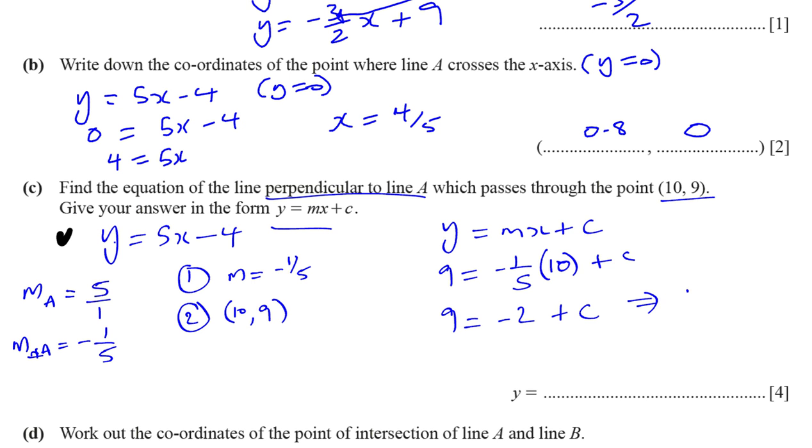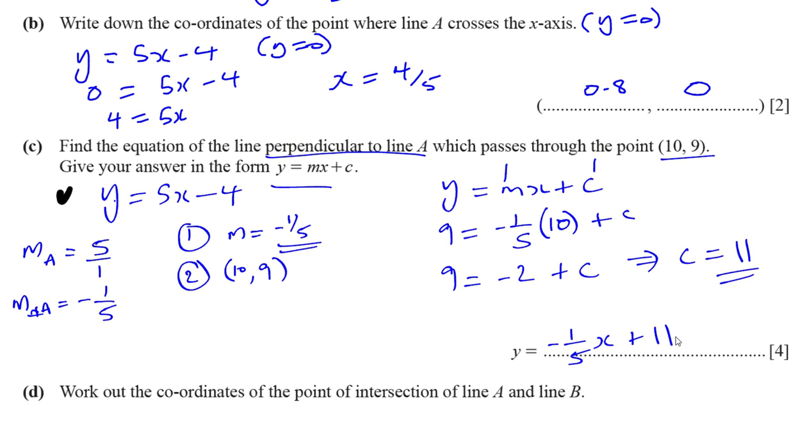Add 2 to both sides, so c is equal to 11. So m is minus 1/5 and c is 11, so y is equal to minus 1 over 5x plus 11. And there we have the equation of the line which is perpendicular to line A and passes through the point 10, 9.